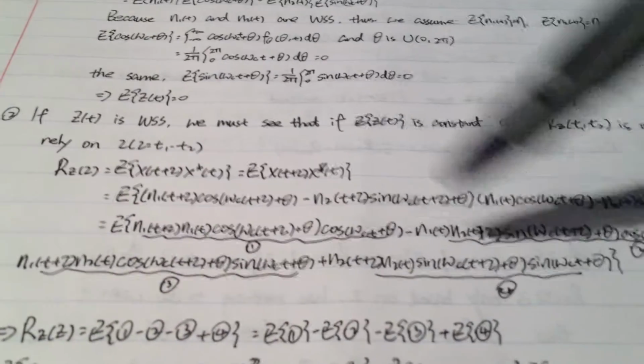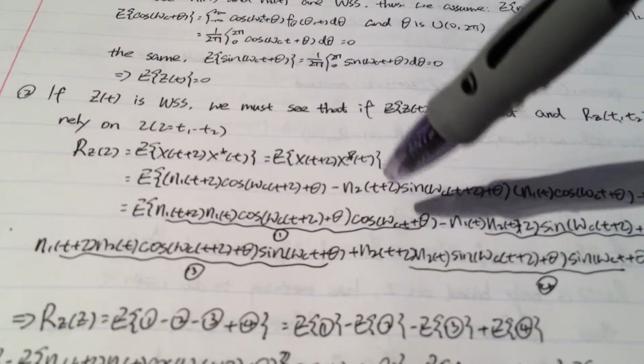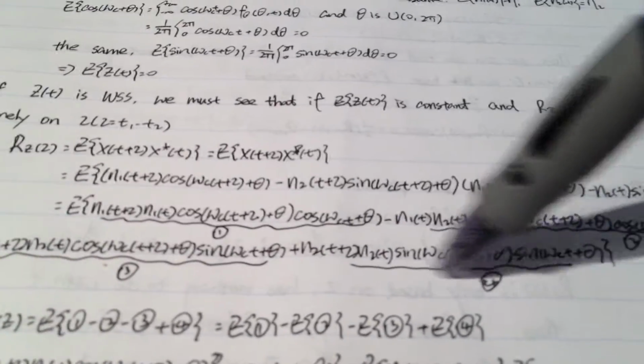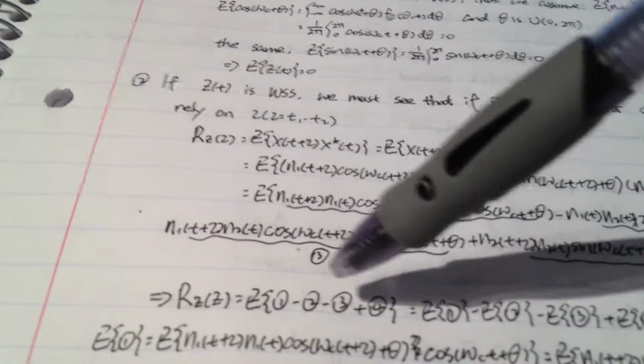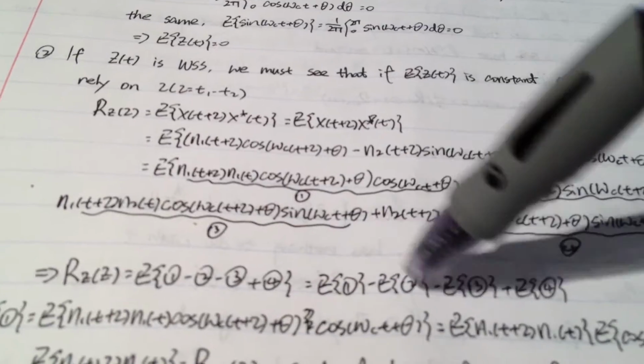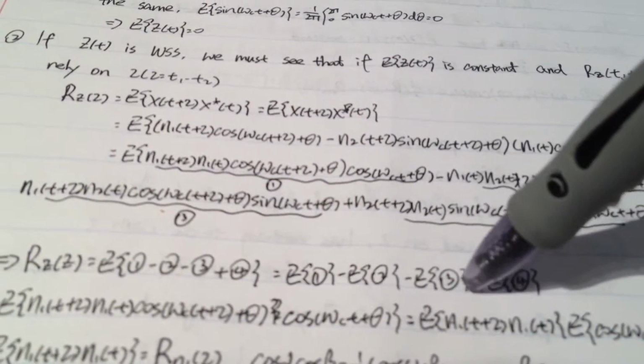And we can consider them separately because they are linear. So we assume this is part 1, this is part 2, this is part 3, and this is part 4, so that the autocorrelation of z equals the mean of part 1 minus the mean of part 2 minus the mean of part 3, and add the mean of part 4.